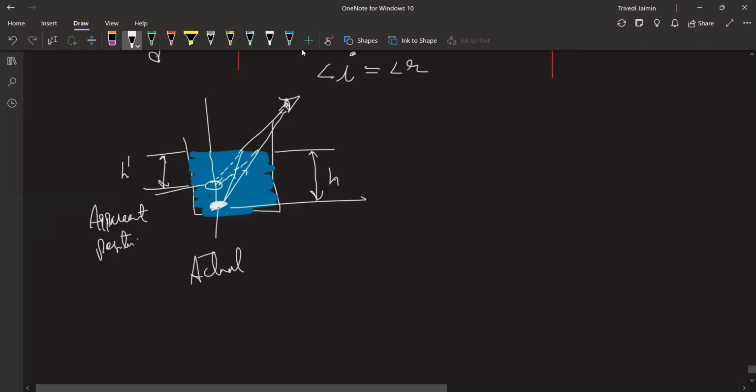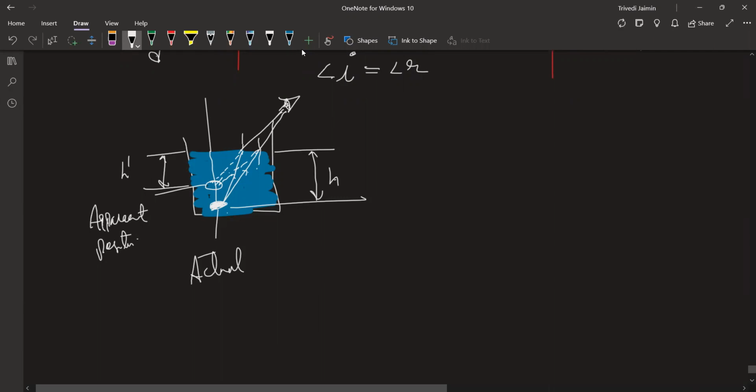Now why is this happening? What's the reason for this? Difference in speed of light. Yes. Difference in speed of light, or we can say changing medium.